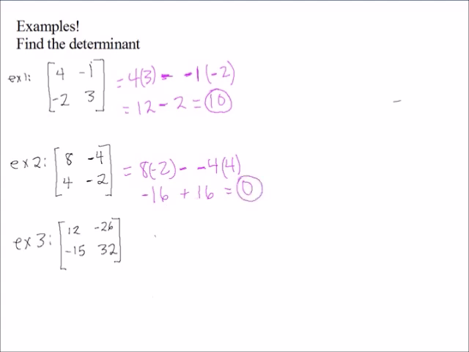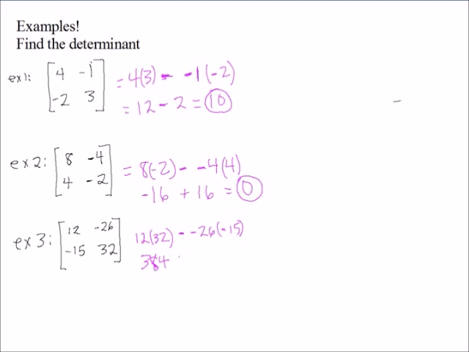Okay? And then right here, same thing, front diagonal. So I have 12 times 32 minus -26 times -15. Okay? So this is going to be 384. Okay?